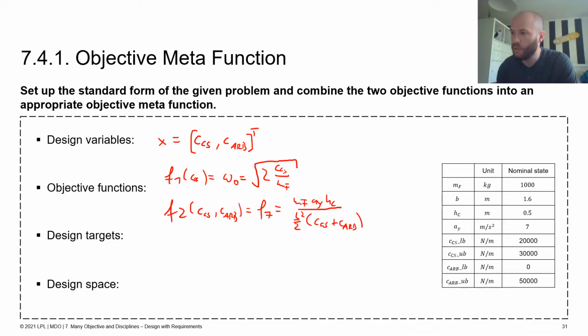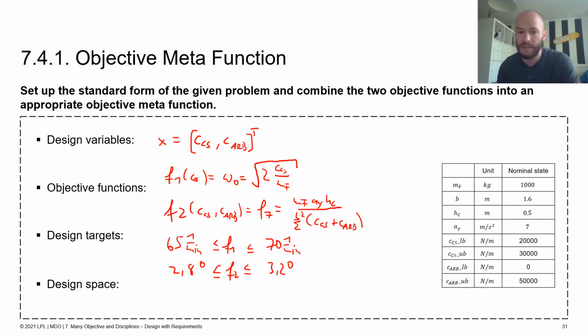So the first one, F1, is supposed to be, so we have two-sided requirements, it's supposed to be between those two values, whereas the lateral acceleration is also, there are also two-sided requirements on this quantity of interest. And the second one is this.